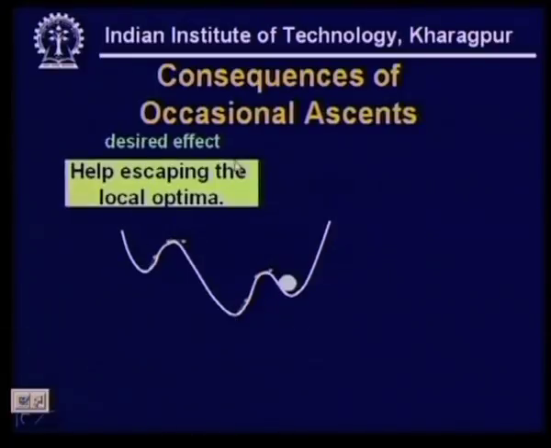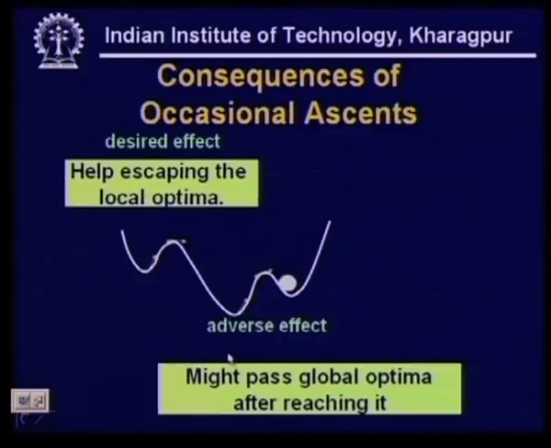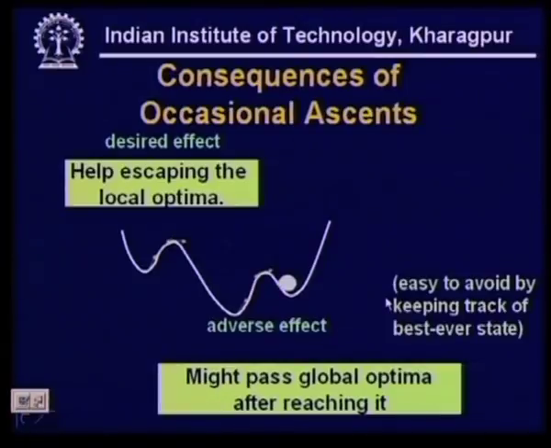Now, ascent will help escape the local optimum, but if we allow ascent, it may also help the ball get past the global optimum after reaching it. We can avoid this by keeping track of the best state. So, if we start from here and also allow ascents, and keep track of the best state reached so far, we may be able to identify the best state which this ball has reached.